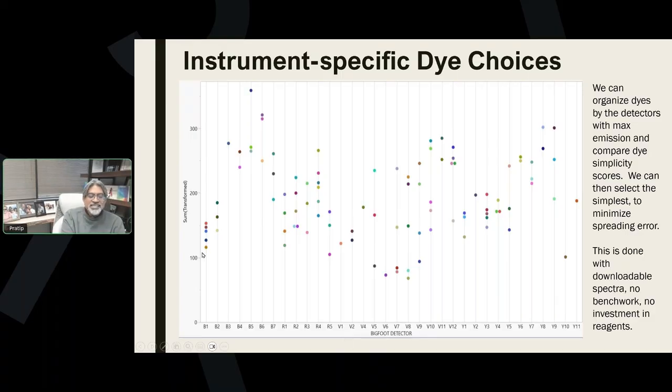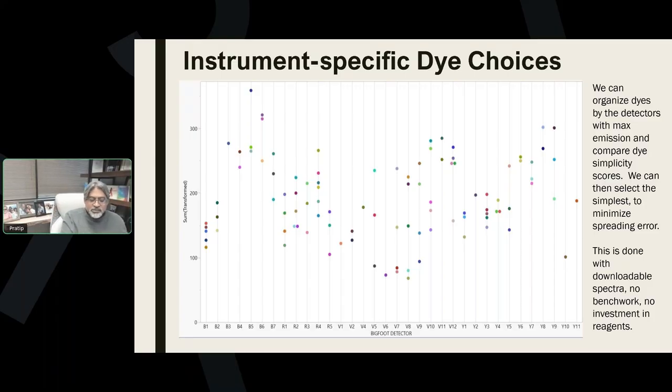And I can organize the dyes by the detectors where the max emission basically falls within the filter set for that dye. And you can see now that I can start to compare these different dyes, and I can ultimately choose the ones that have the lowest dye simplicity scores to build panels to maximize out across our single instrument.